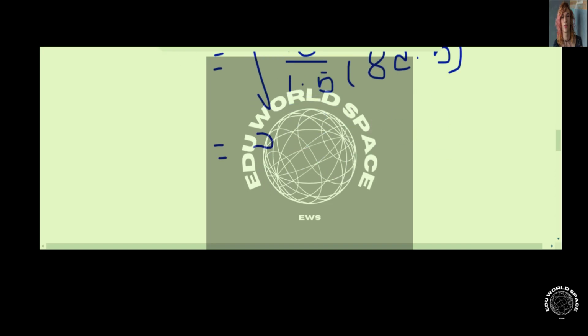Let's put all the values here. The power of design 2 is 10, the power of design 1 is 1.5, and diameter d1 is 82.5. By calculating this, I will get the diameter d2 as 213 meter. So this is nothing but my d2.